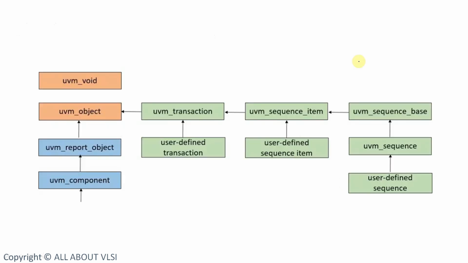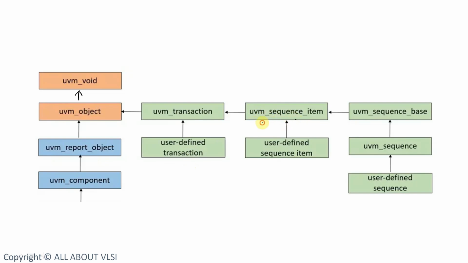So this is the hierarchy which we are going to follow from the UVM void. This is the parent class, we already know. This is the top class UVM void, and from this UVM void, UVM object is your child class, and from UVM object there is one more child class which is known as UVM transaction. Okay, so from this UVM transaction we can derive our UVM user defined transaction, and from this UVM transaction another class has been derived which is known as UVM sequence item.